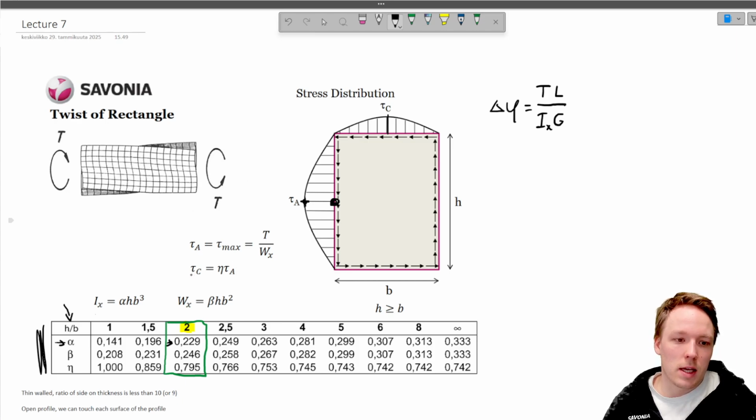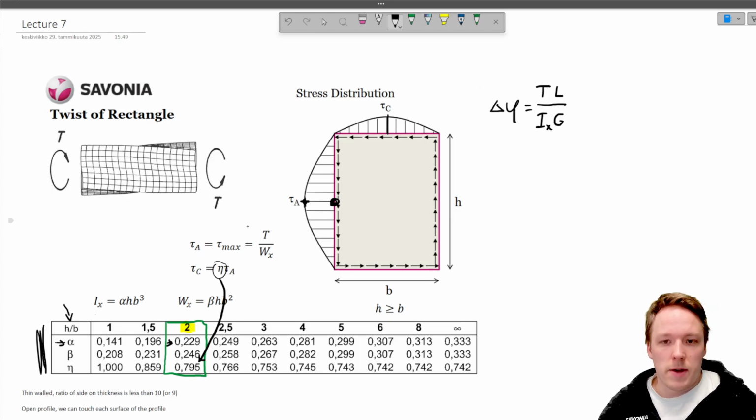So tau Z is eta times tau A. And where do we get this value? Well, we get it from the same table as we took alpha and beta.